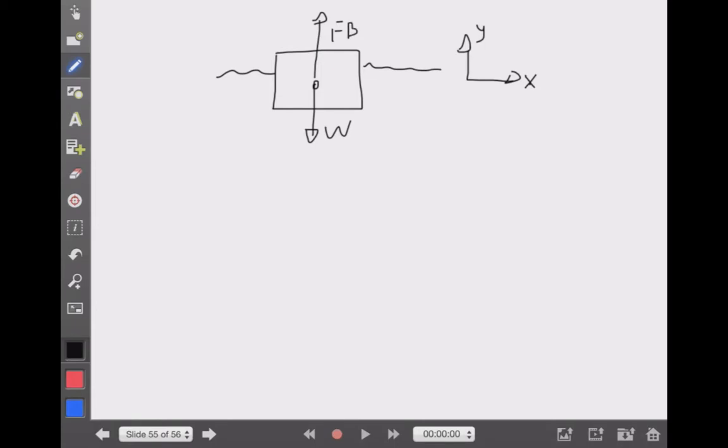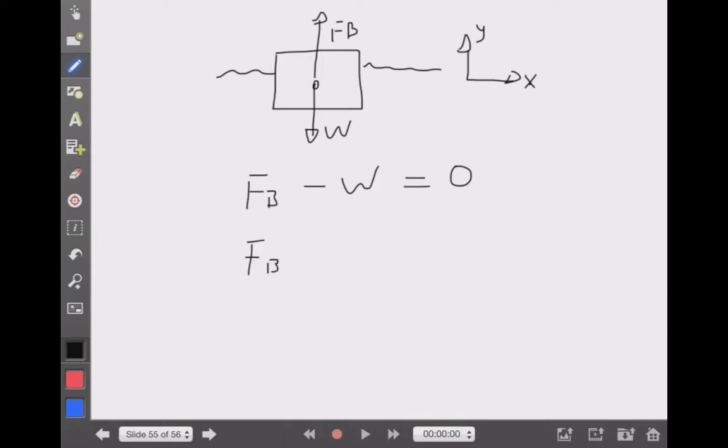This will allow us to find the depth of submersion since we know the cross section. So if we write this out, the buoyant force in the positive y direction minus the weight in the minus y direction must be zero because the object is static.